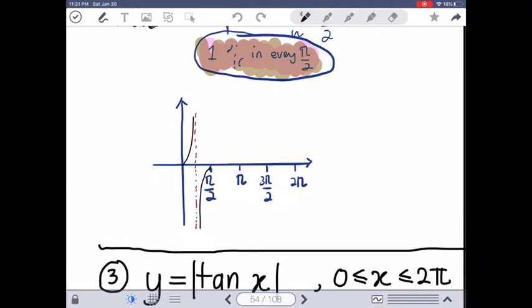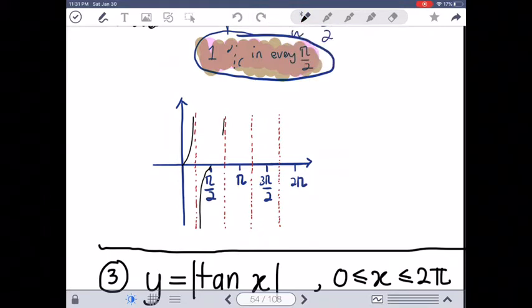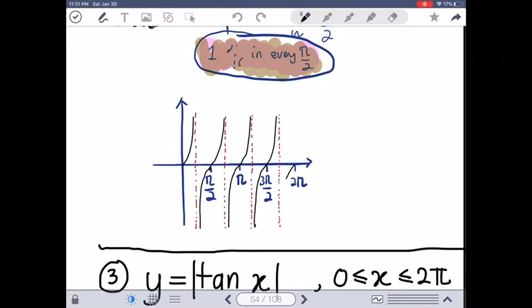So basically, you can just draw the asymptote for every pi over 2. When you draw the graph, for the next pi over 2, one cycle, the next pi over 2, another cycle, the next pi over 2, another cycle. So that is y, that is x.